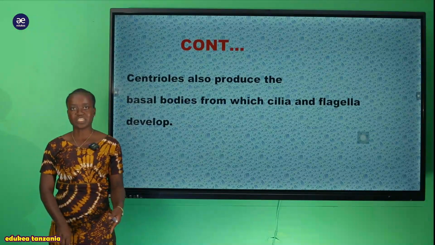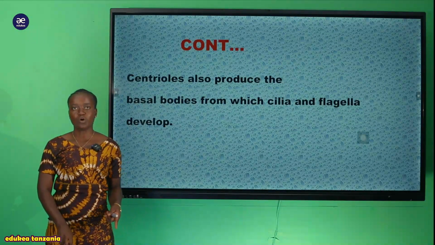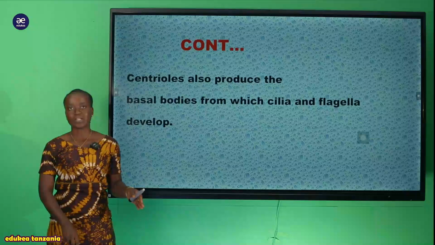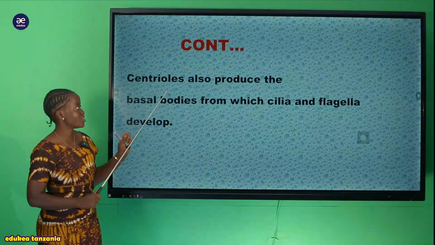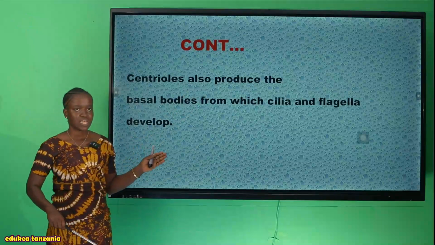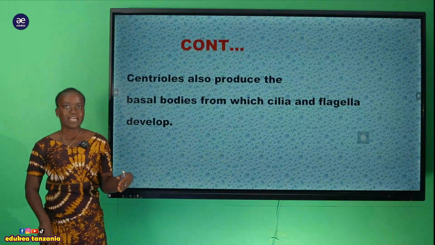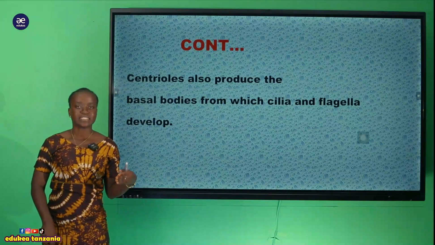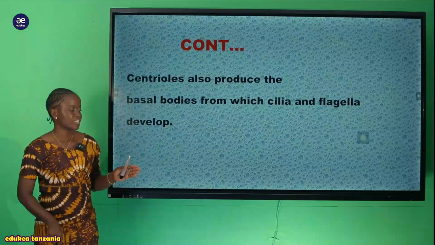Remember the function of cilia is just to help in locomotion, or movement from one place to another. So this centriole tends to produce the basal bodies whereby the cilia and the flagella develop.